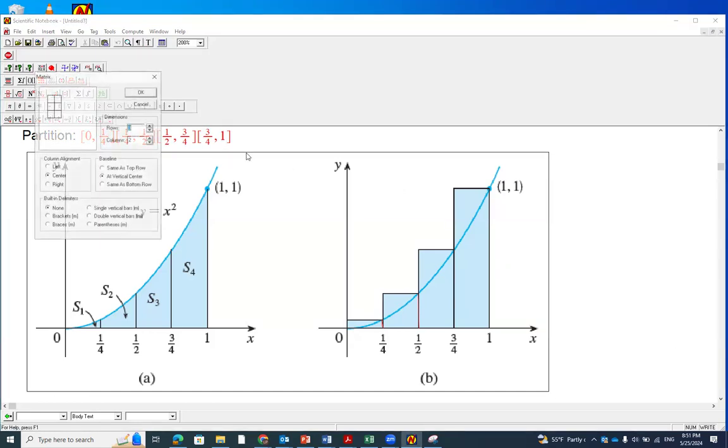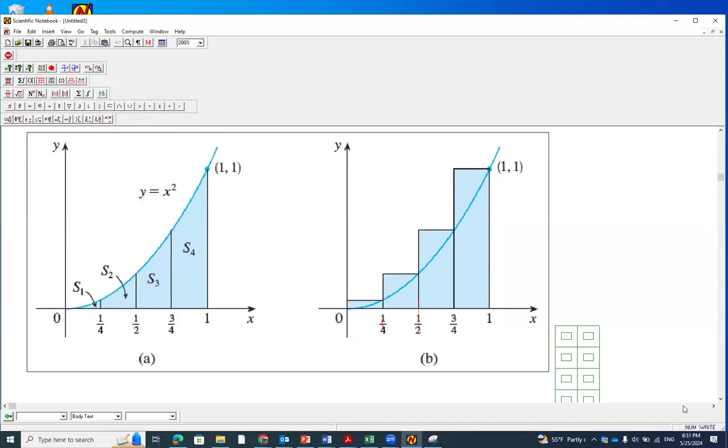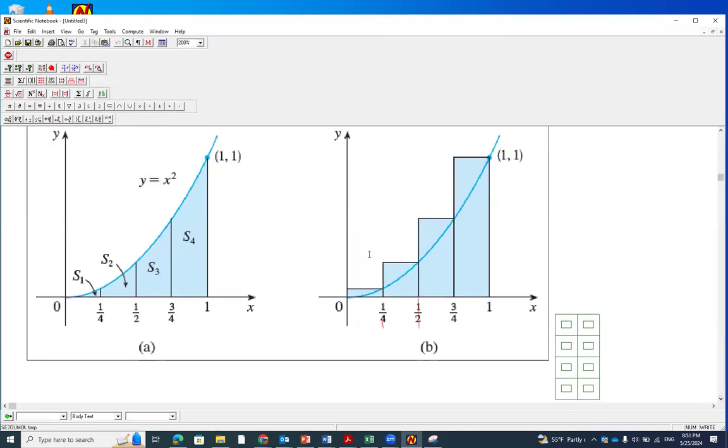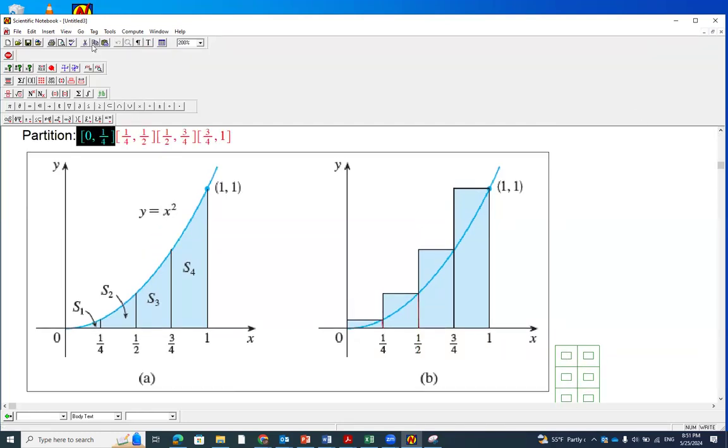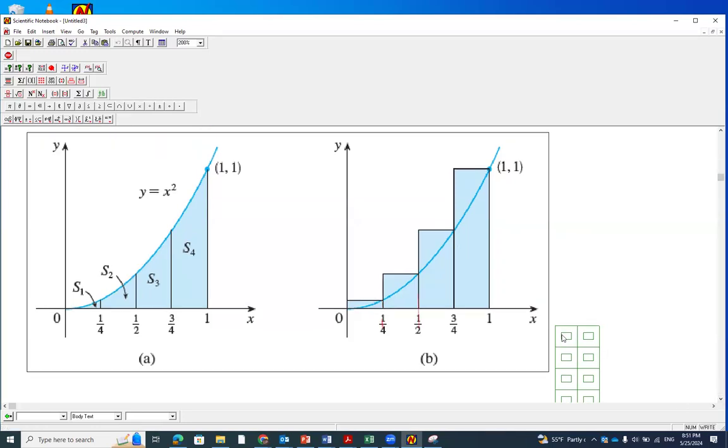A little table, one more row. All right. So the first rectangle, that height is f of 1/4. f of 1/4 is plugging in 1/4 in the function, which is 1/4 squared.